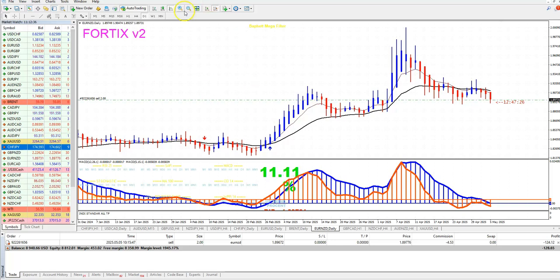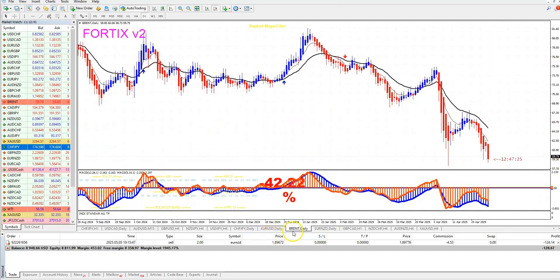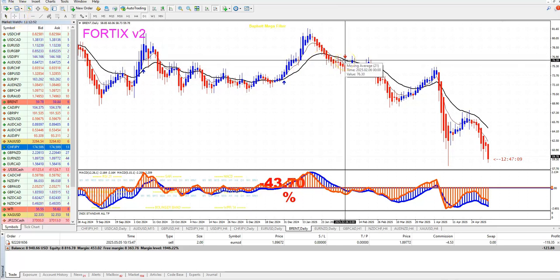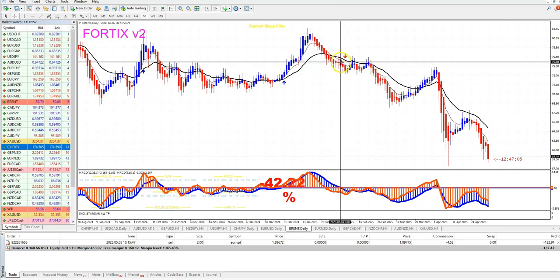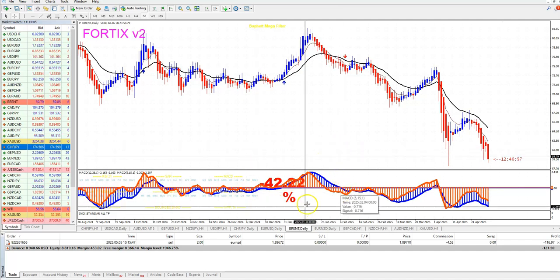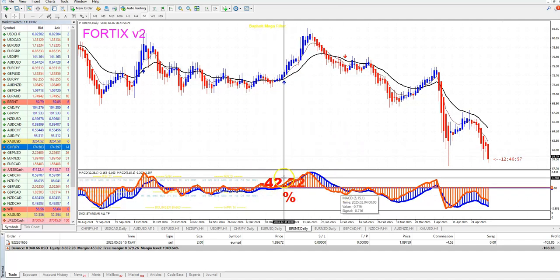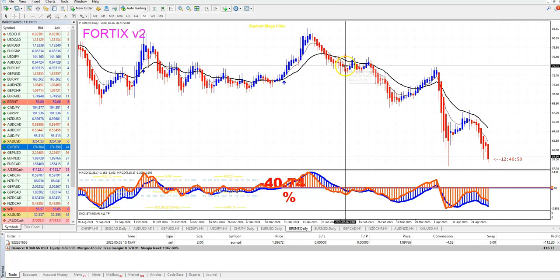So it is not complicated. You just need these confirmations, and then you go on. For example, here you see the arrow, and moving average 8 is under the 21. At the same time, when you have the arrow, red and blue are crossing down, and you need 50% minimum here to confirm, and then you will enter the trade.